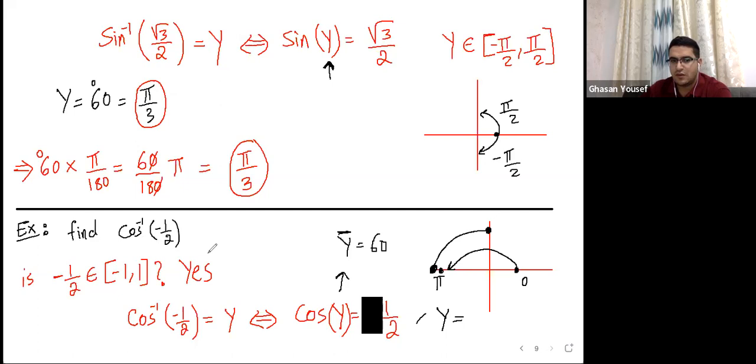Because all our work here is in radians, I'm going to convert the 60 to pi over 3. So the y reference is pi over 3. What is the value of y that has a y reference pi over 3? It is in the second quadrant, from the table last time.